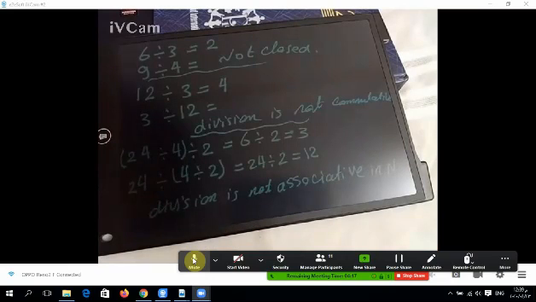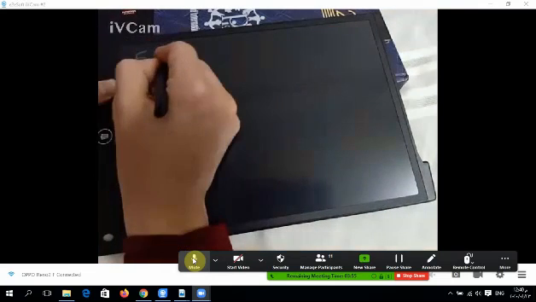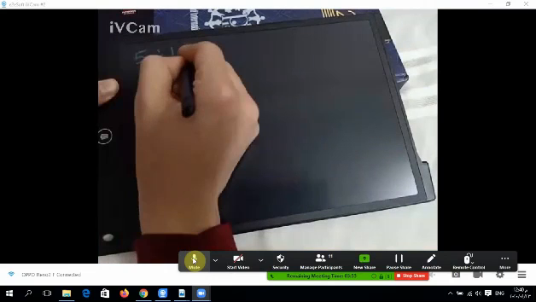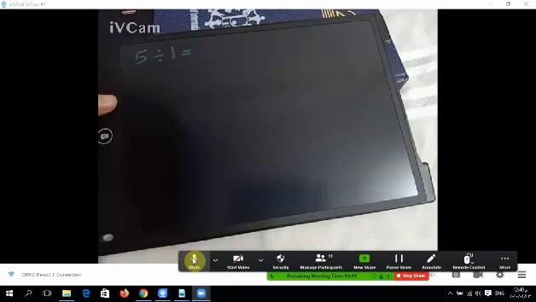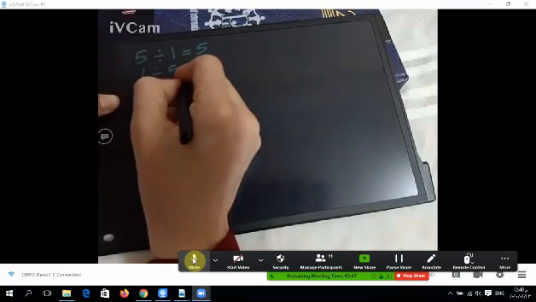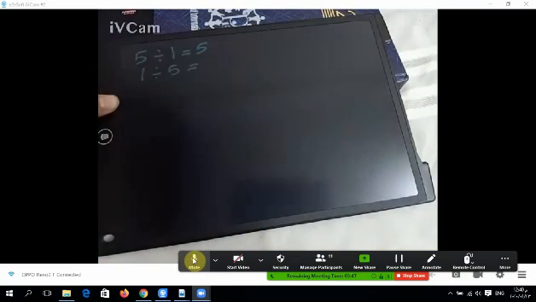What about division? Do I have any neutral number? Yes, 1. 5 divided by 1 equals 5. But if I change, 1 divided by 5 can't be, it's not a natural number. The neutral number has to be commutative.